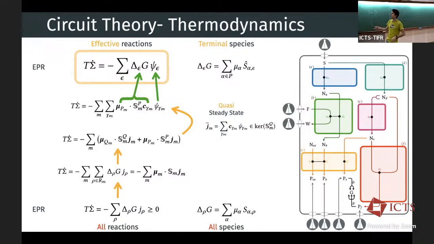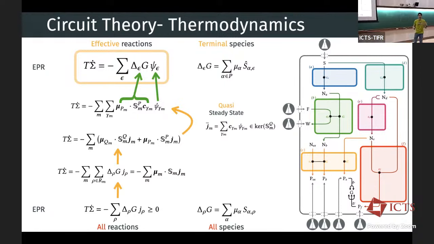This is the same kind of math Massimiliano was using for the steady state. It holds also under this quasi-steady state assumption, because in a way, the internal structure of each module is relaxed to steady state almost instantaneously, while the terminal species are changing in time kind of slowly.